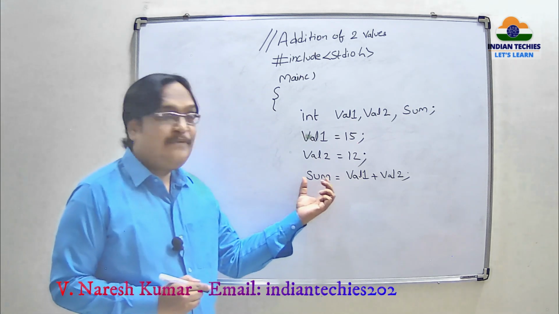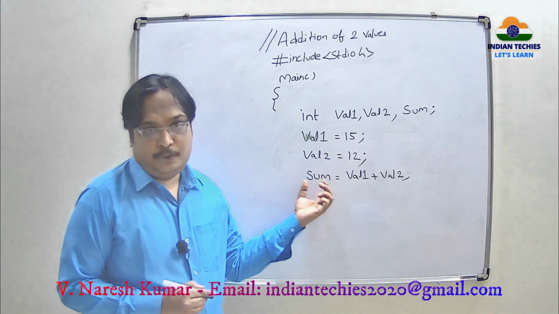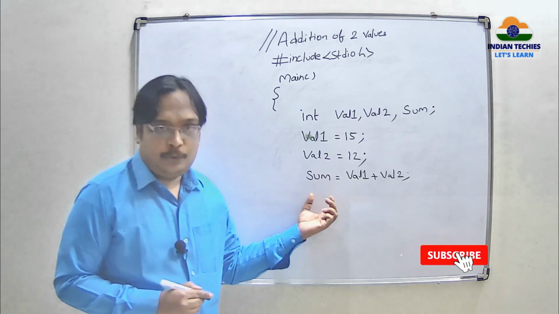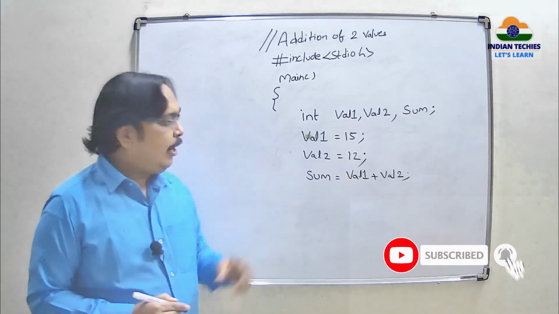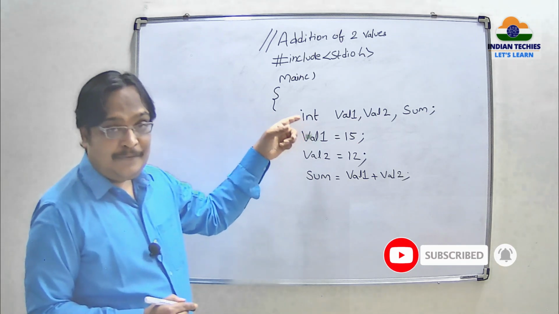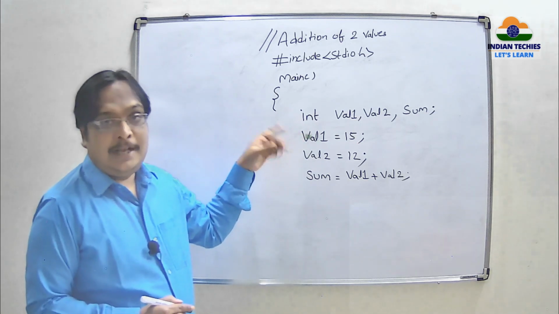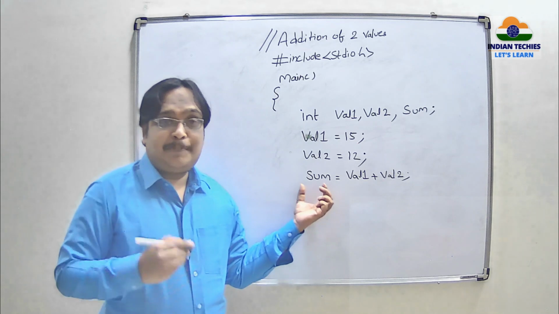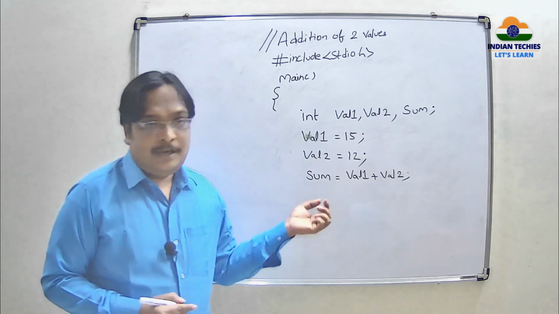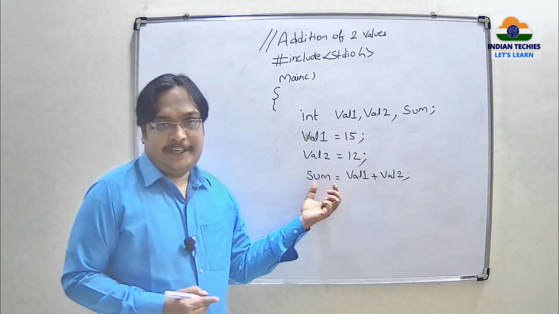Meaning, you have to tell in which format you are going to use sum in your program. You have to tell it to the compiler. Already you told it at the time of initialization and calculation. But to print, you also have to specifically tell the format of the data type that you are printing.